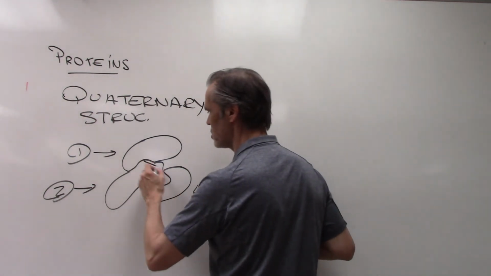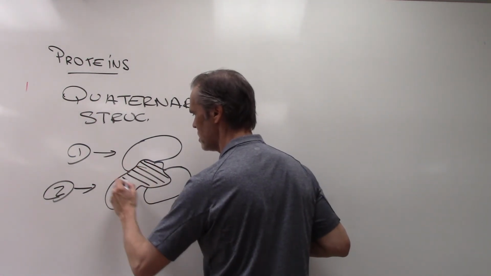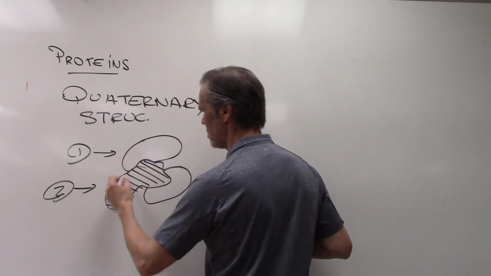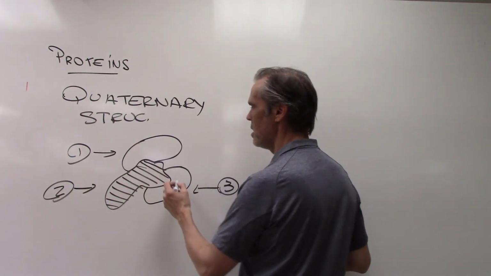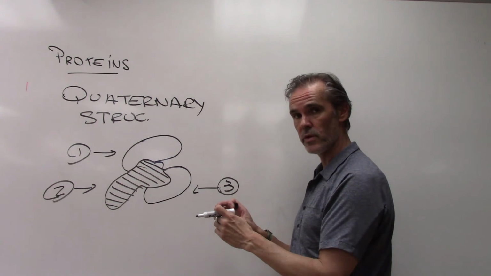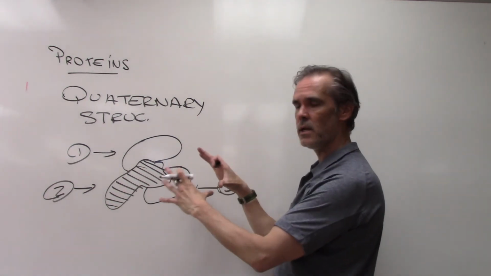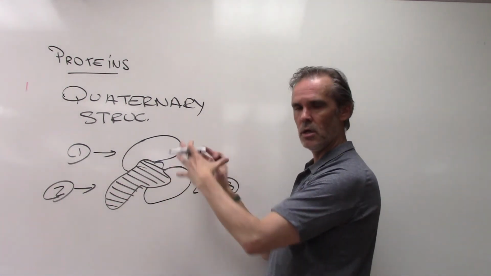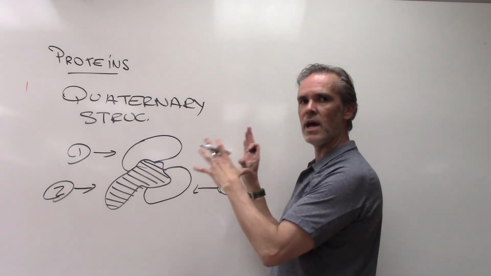Subunit number 2 is in front of subunit number 1 and in front of subunit number 3. So basically what we see here is, once again, an organization of structure in 3 dimensions.